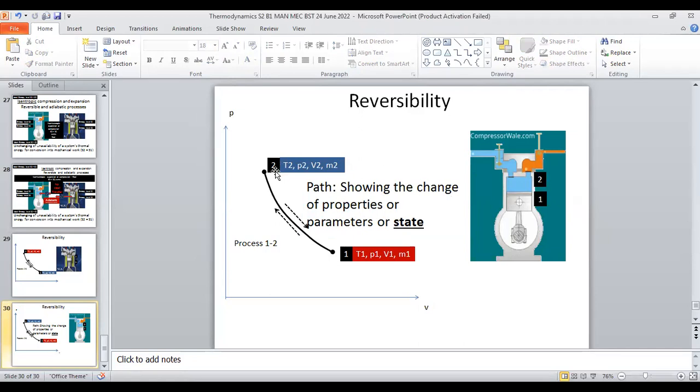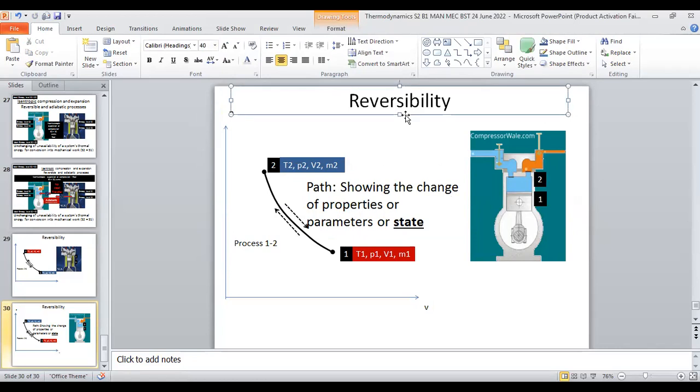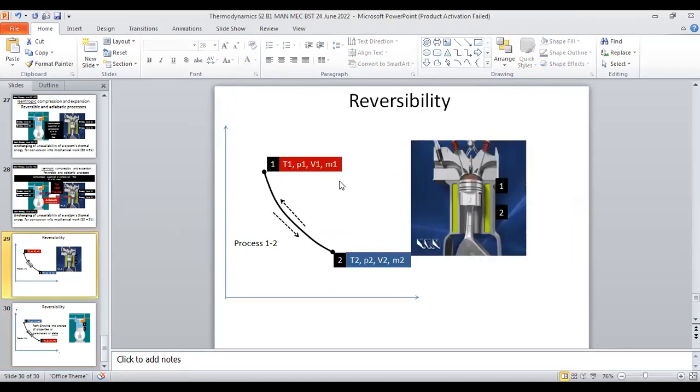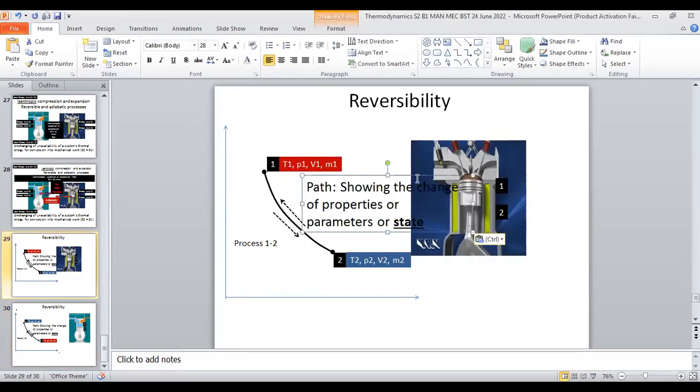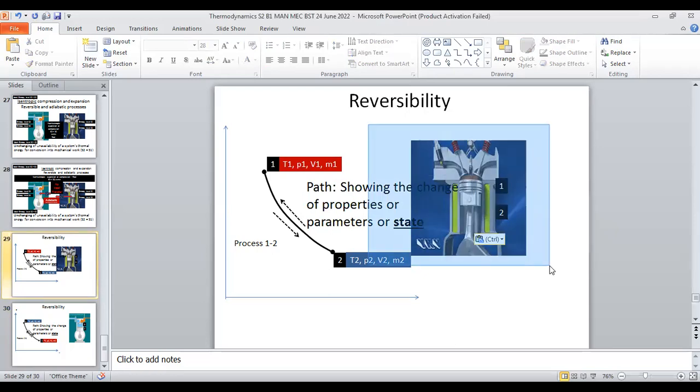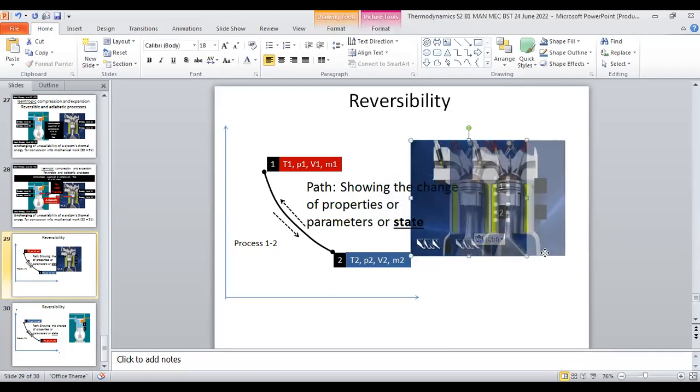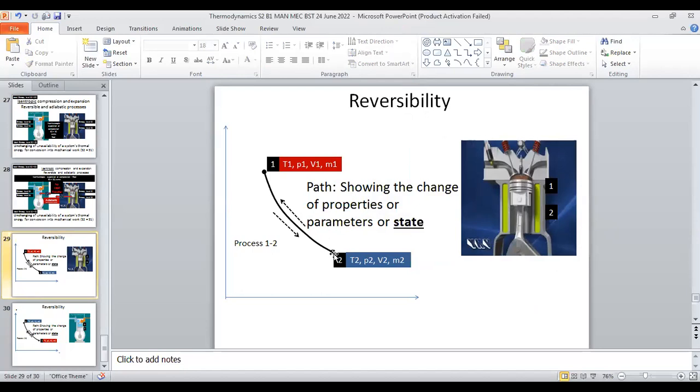And when you reverse it, start from 2, it exactly comes to 1 using the same path, 2 to 1, if this is reversible. Interesting. Okay.